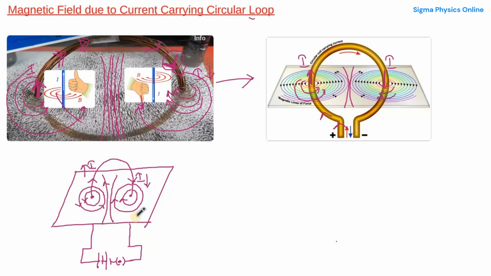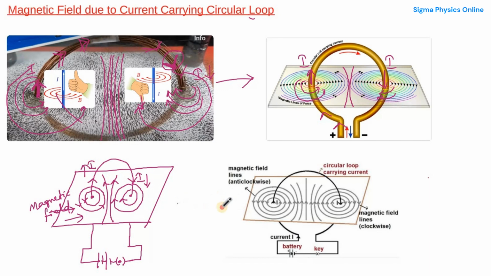So this is the representation of the magnetic field due to a current carrying circular loop, representing the direction of magnetic field and current. So here you can write magnetic field. Alright, so this is the diagram. You can easily draw a nice diagram representing the magnetic field due to a current carrying circular loop in this way. So I hope you have understood this.